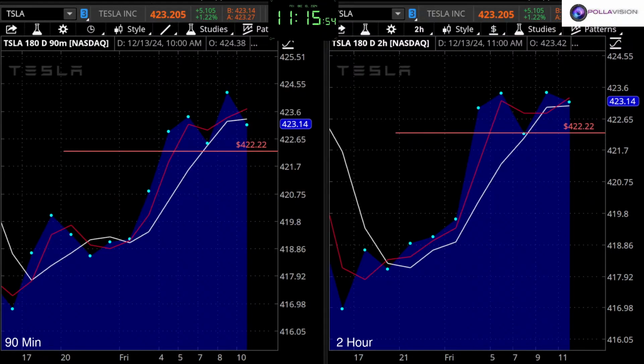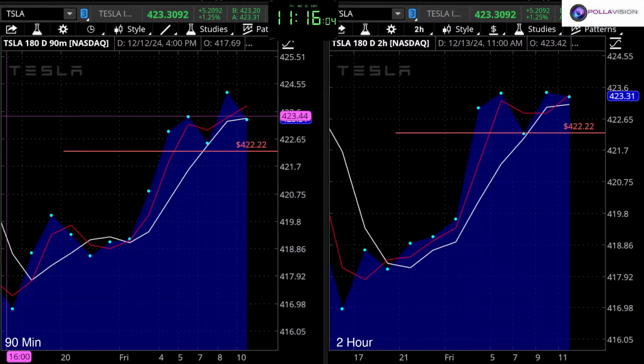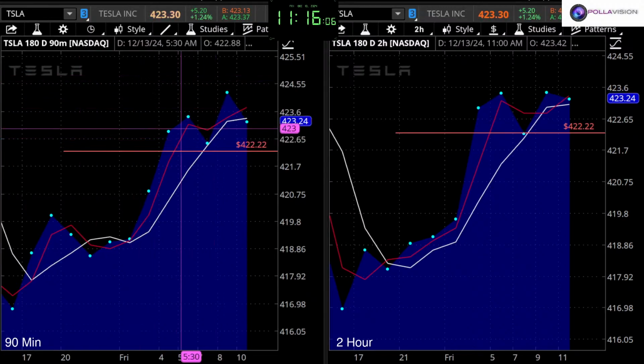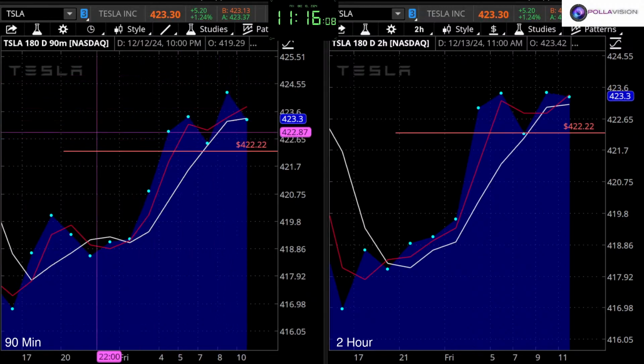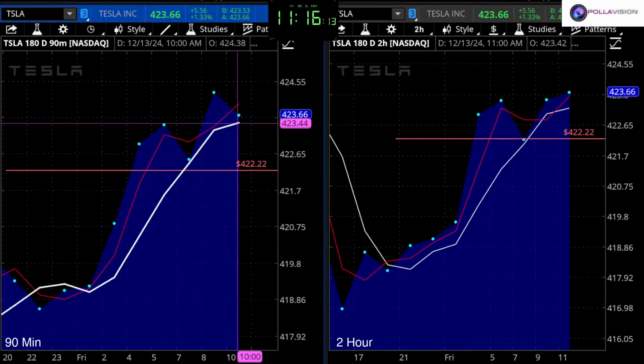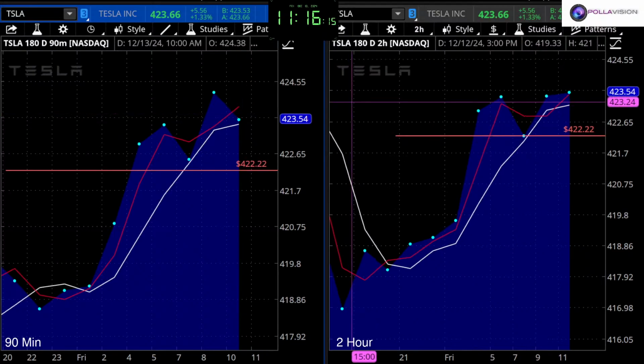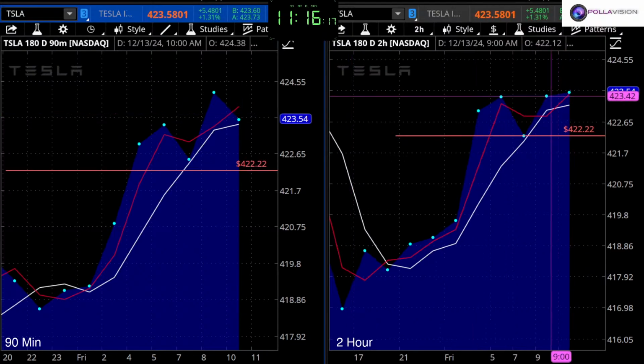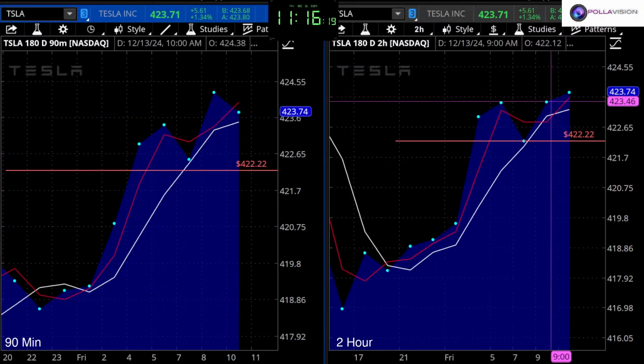This is the 90 and the 2-hour chart. So we have this battle right here. Let's zoom in a little bit. There we go. It looks like the buyers are going to try to take it out. We can see here they took out the old high. Is it going to stay? Yeah, it looks like it might do that.